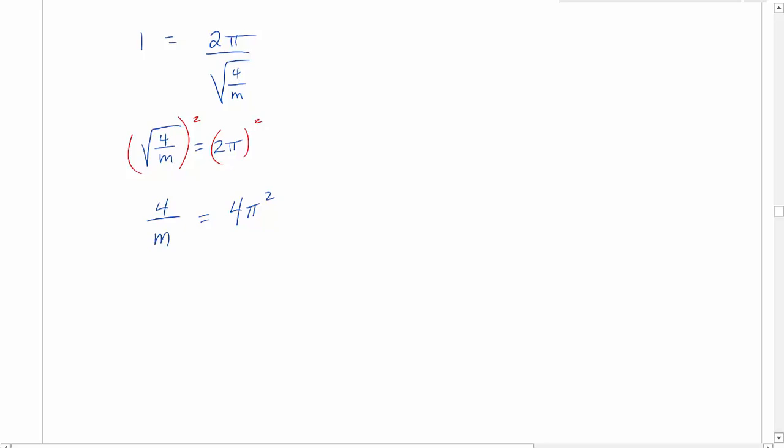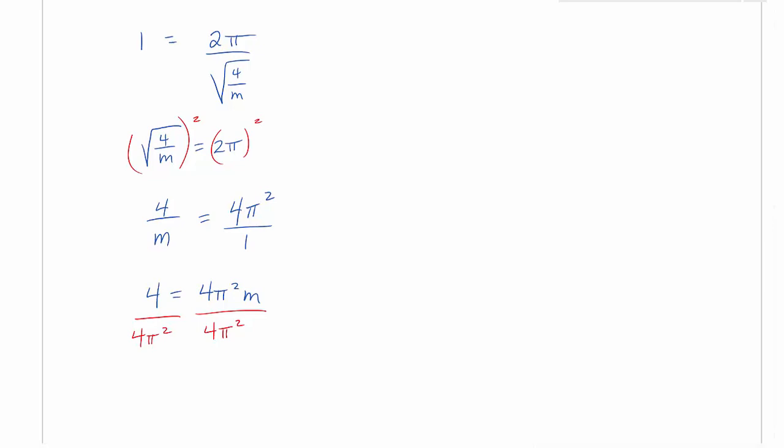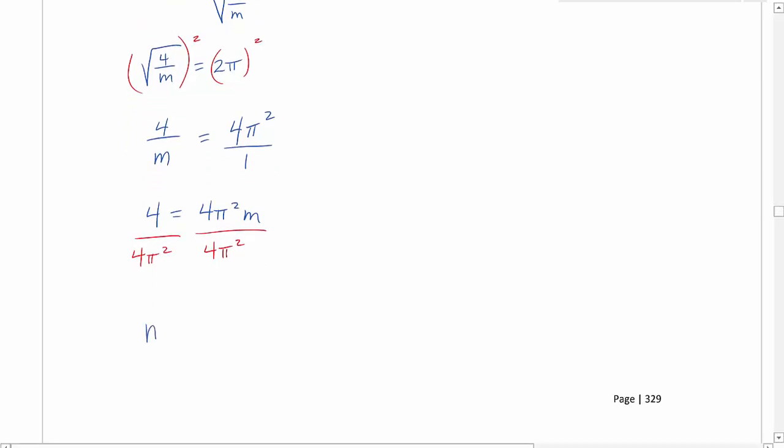I'm going to cross multiply again. And then lastly divide by 4 pi squared. And we get m to be equal to 1 over pi squared.